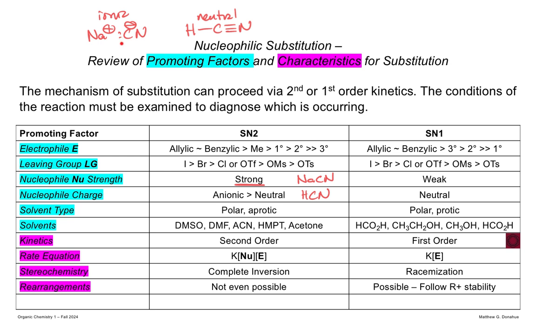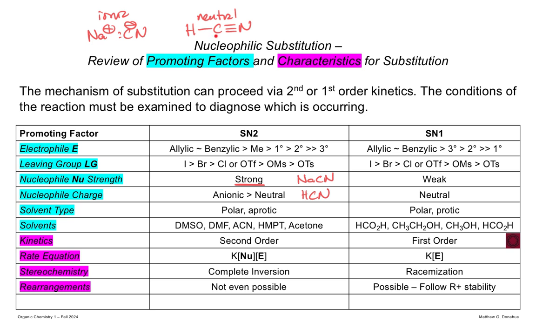Keep in mind that the job of the nucleophile is to supply those electrons. When it's ionic, they're right there. Once the metal moves away, it's ready to bond. In the neutral, now it's shared.